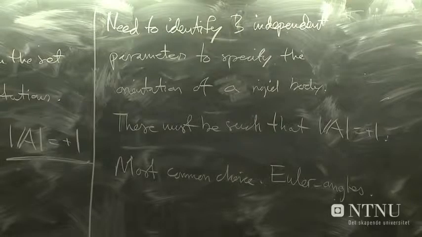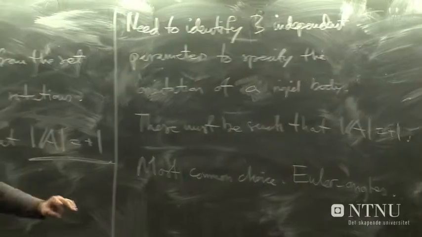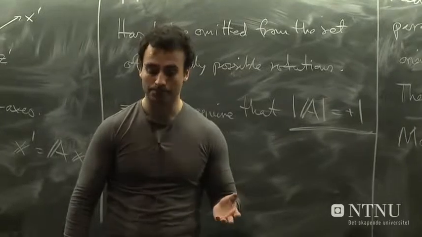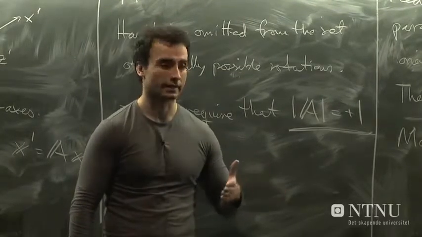So as stated in the introduction of this lecture, to completely specify the location and orientation of a rigid body, we need 6 degrees of freedom. 3 of them go to specifying, for instance, the center of mass of the rigid body, and the remaining 3 go to specifying the direction.